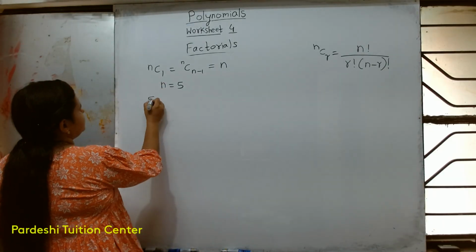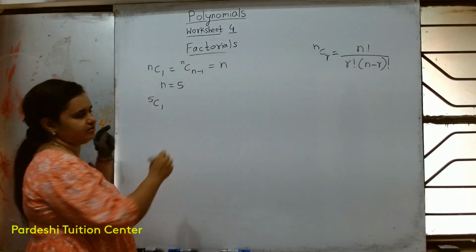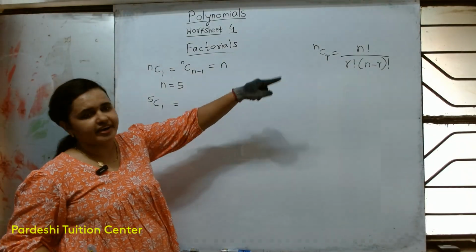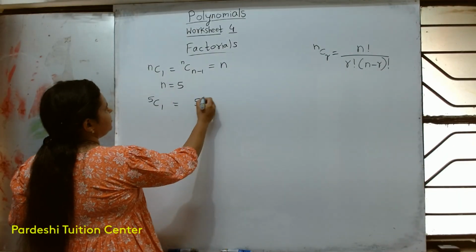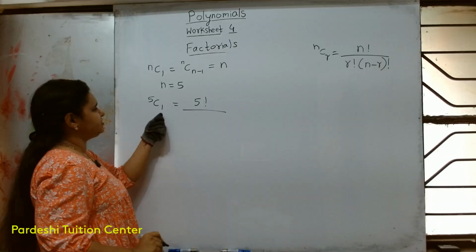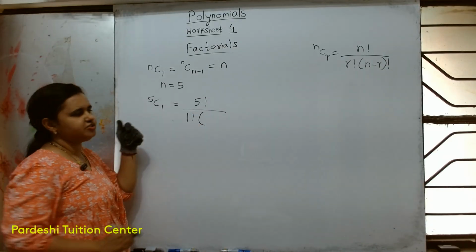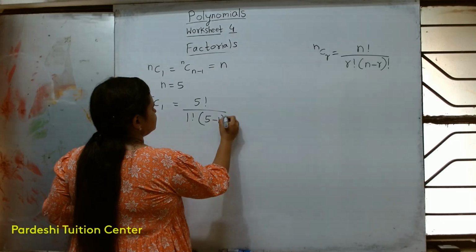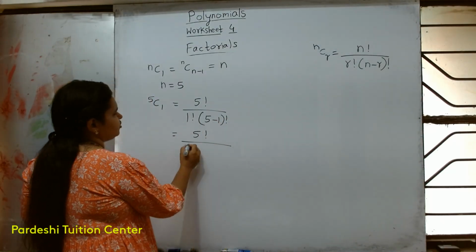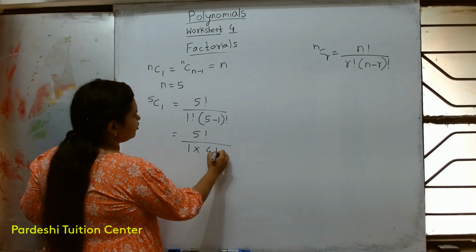So here it will be 5C1, I put the value of n as 5. Again putting that formula, it is n factorial upon, that is 5 factorial, and r factorial, here r is equal to 1. So it will be 1 factorial into n minus r, means 5 minus 1 factorial. Again 5 factorial upon 1 factorial is 1, 5 minus 1 is 4, so it will be 4 factorial.